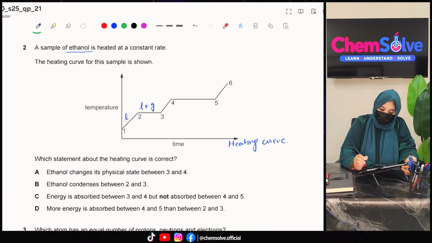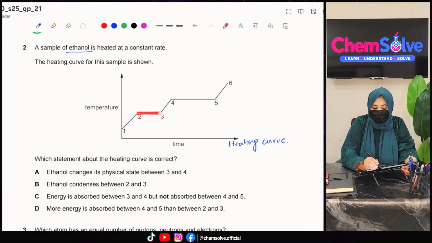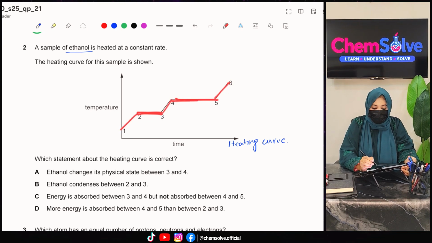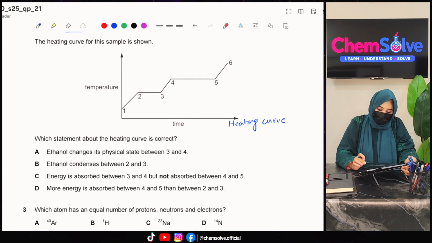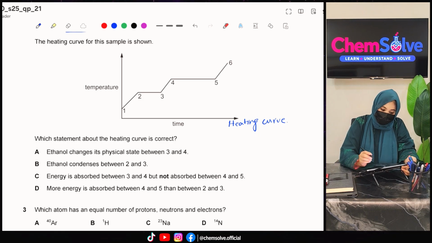Basically these phases, let me tell you, these phases are the ones when it starts changing its state of matter. And these are the phases where the state of matter is being changed. Ethanol changes its physical state between 3 and 4.